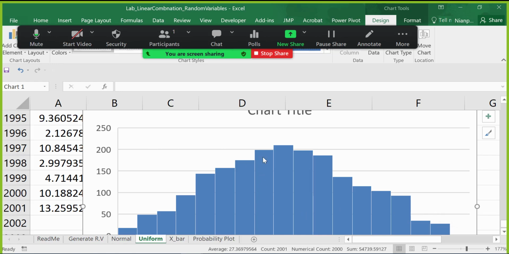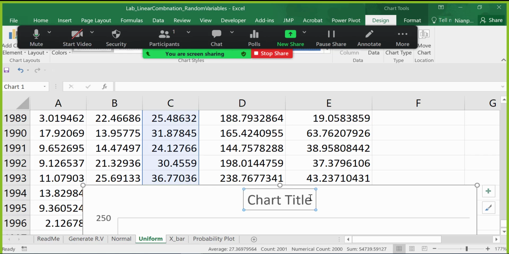For uniform, the histogram will look like a rectangle, right? We look at this one. So this, I just give a title. This is uniform U1 plus U2. Okay.